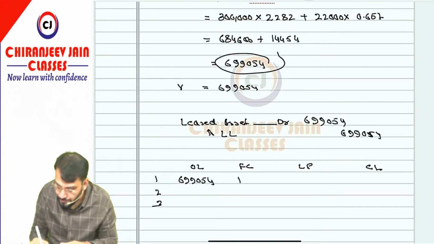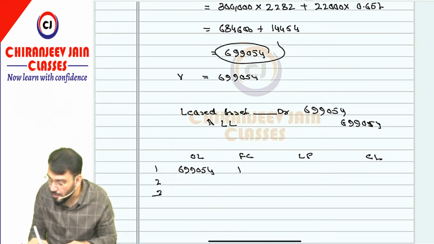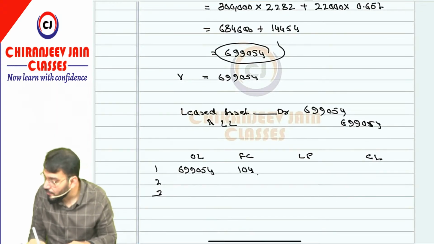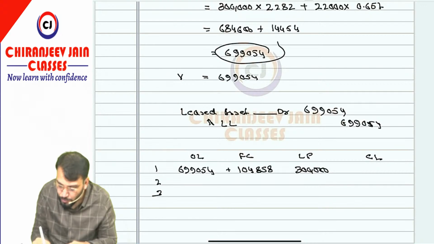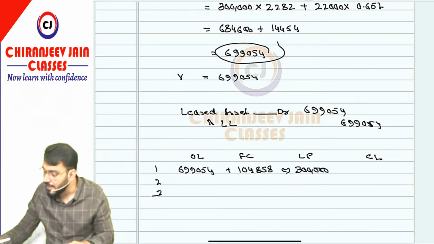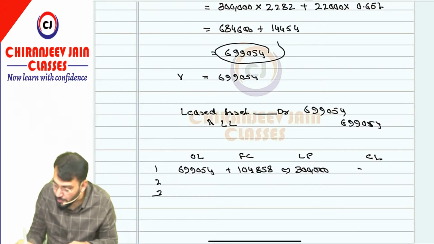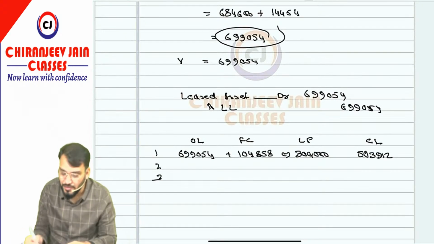It is coming 1,04,858, and the lease payment is 3 lakh. So this will be plus, this will be minus 3 lakh, and the closing balance will be 5,03,912.